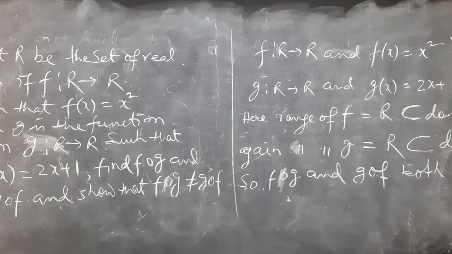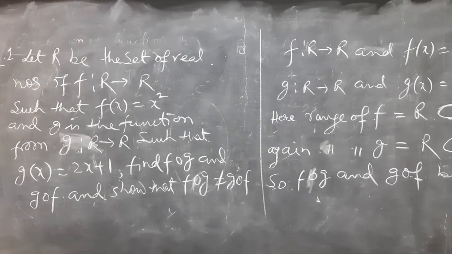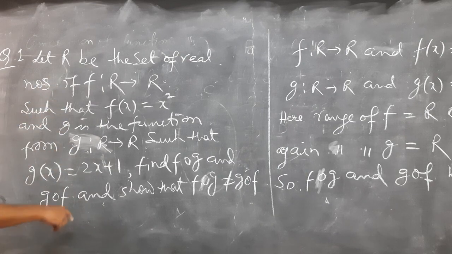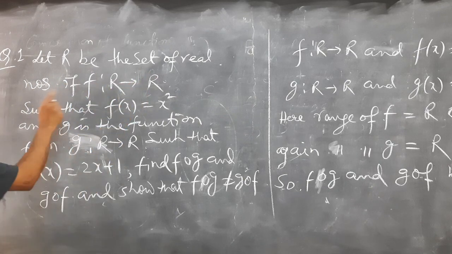In order to explain whatever I have taught earlier, I am going to give you one very simple example. This question says, let capital R be the set of real numbers.